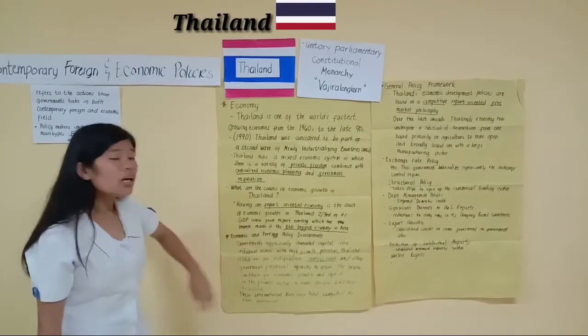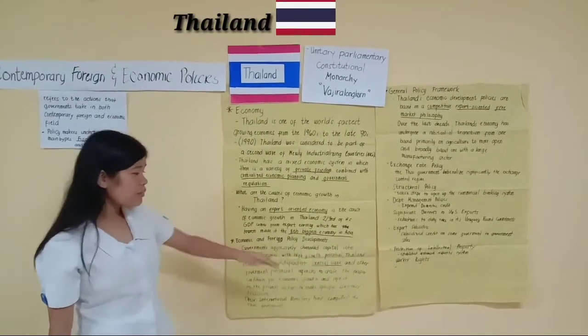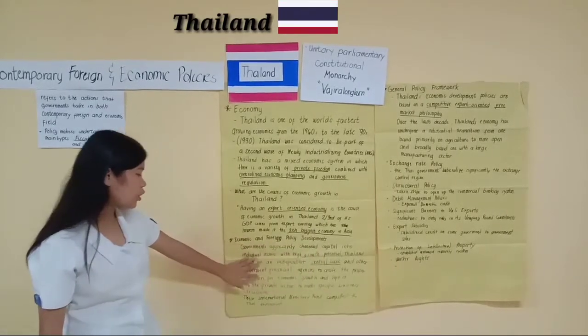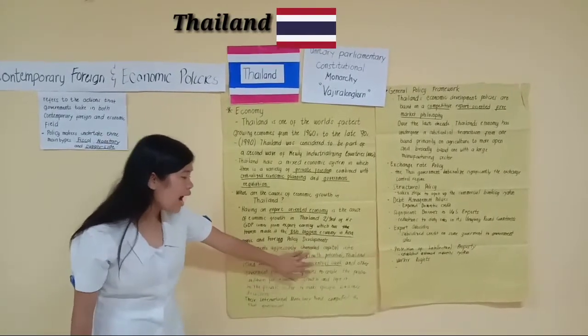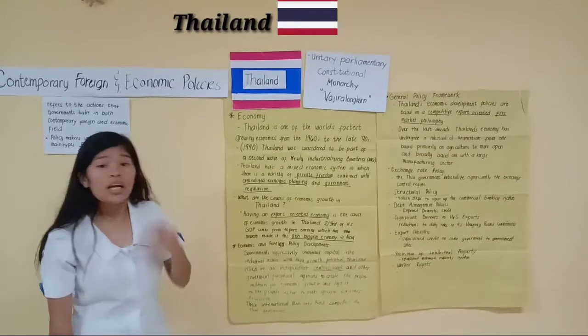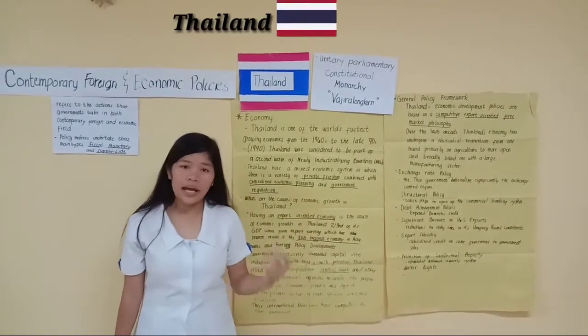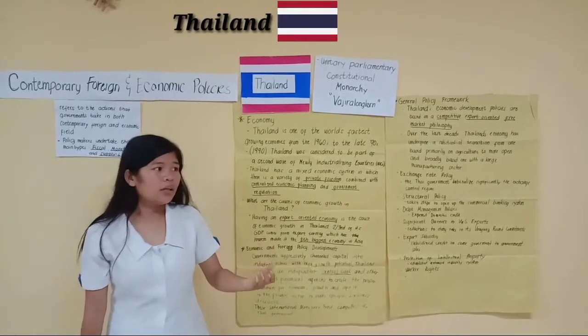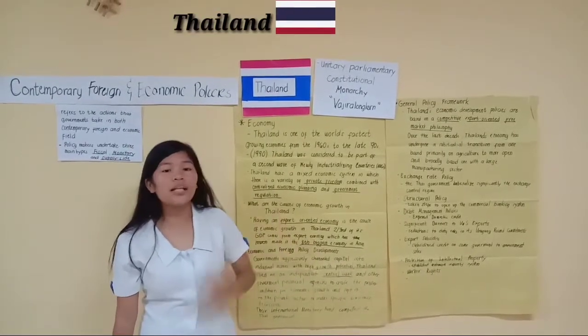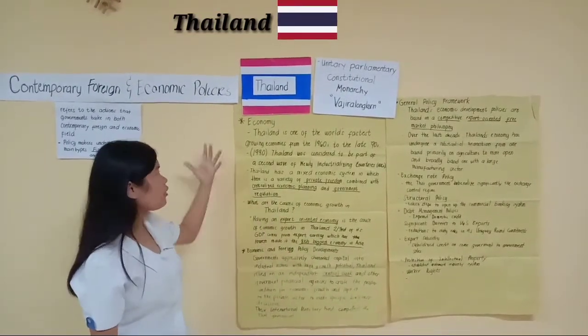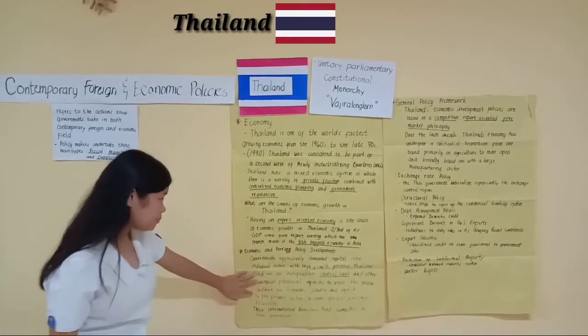Thai governments aggressively channeled capital into industrial sectors with high growth potential, despite the HIV/AIDS epidemic that they faced under the governance of Vajiralongkorn.